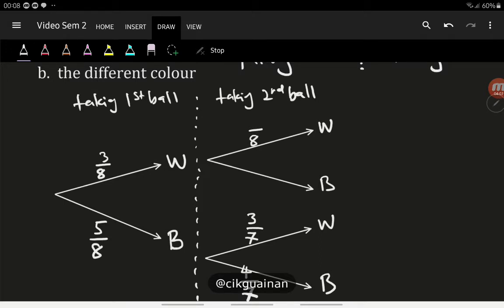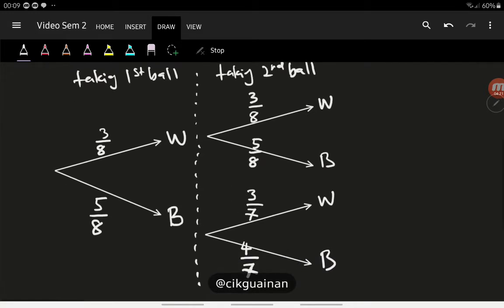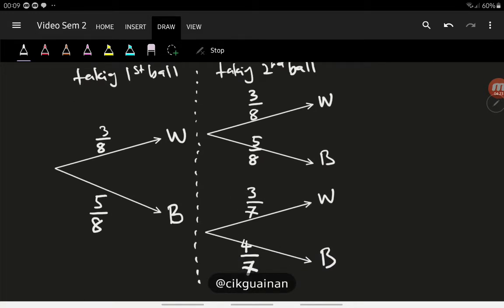The number of white balls does not change. The probability of getting a white ball is still 3 over 8, and the black balls we never took to begin with, so it's still 5 over 8. So this is our tree diagram.